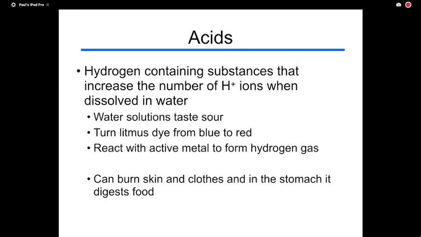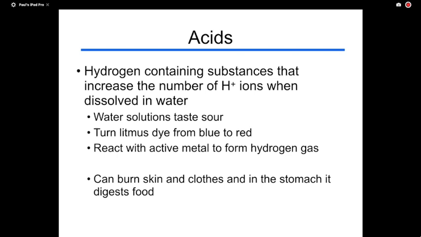Several of the dyes that are used can react with acids and bases and change from one color to another. We're going to use a piece of paper soaked with these dyes, which will help us identify if something is an acid or a base.